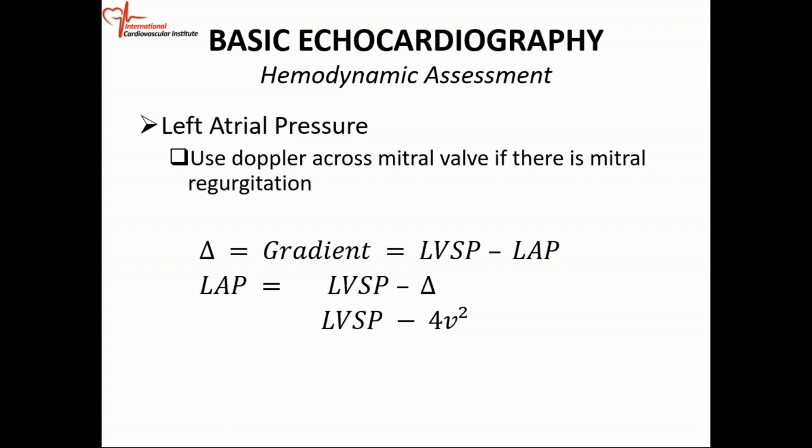The systolic blood pressure is the same thing as your LV systolic pressure, unless you have an obstruction across the aortic valve or the left ventricular flow tract. Okay? So you just substitute the systolic blood pressure right there.